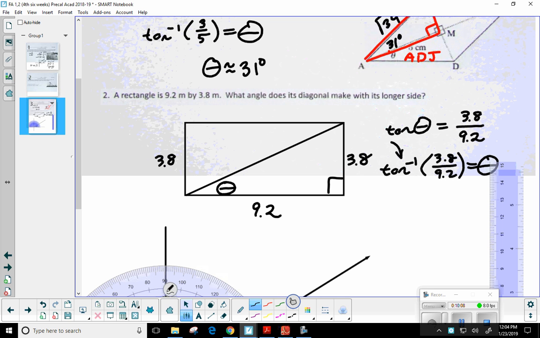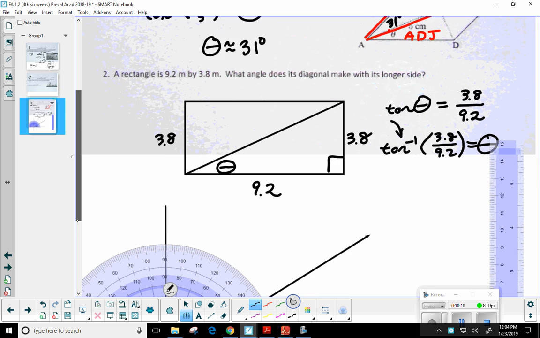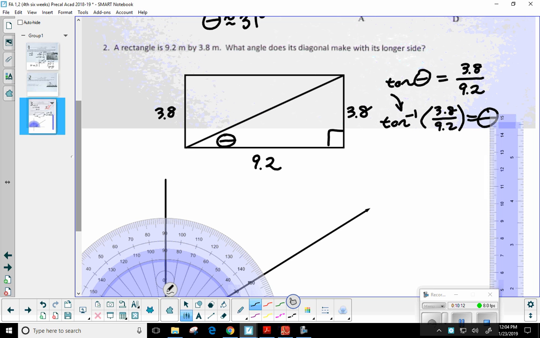There you go, arc. Remember, if you use the word arc in front of a trig function, like if I were to say arc sine, that's the same as sine inverse of x. That arc is just another way of writing it. So I could have written arc tangent. So if you see that, remember it's just referring to the inverse.